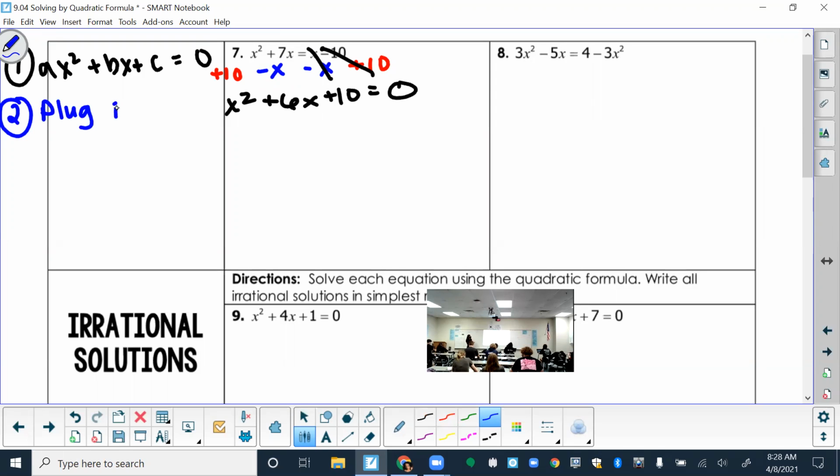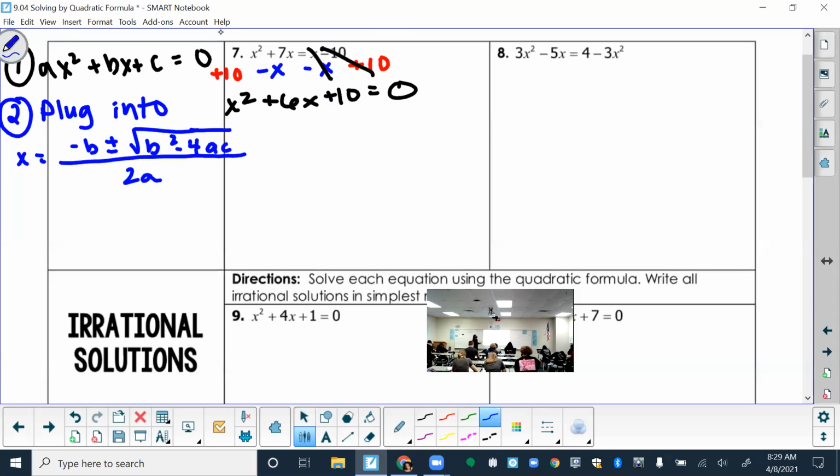All right, so step 2 is to plug it into the formula. I'll rewrite the formula here. I've gotten good at memorizing it over the years. I won't expect you to memorize it, but just know you're going to see it over and over again. So we're plugging these A, B, and C values into this formula.